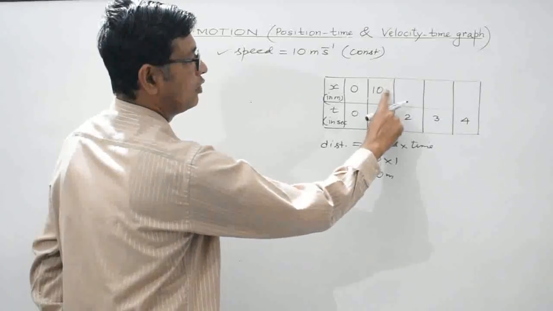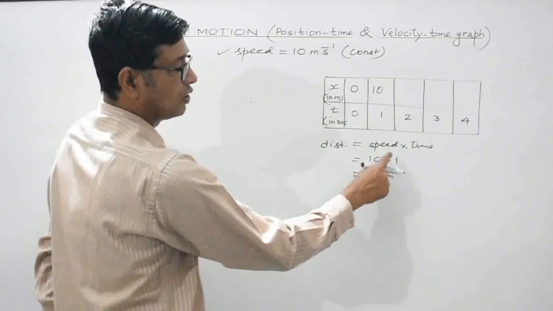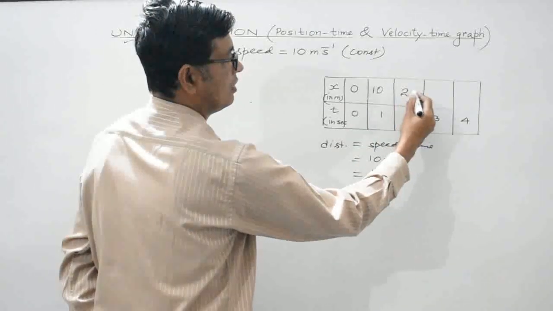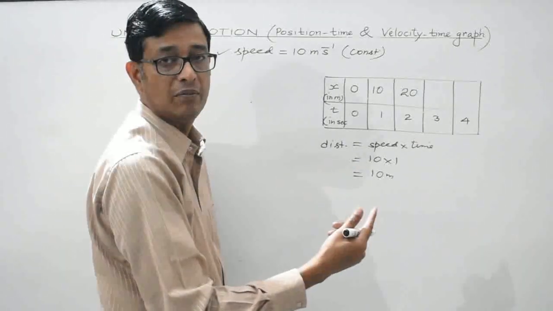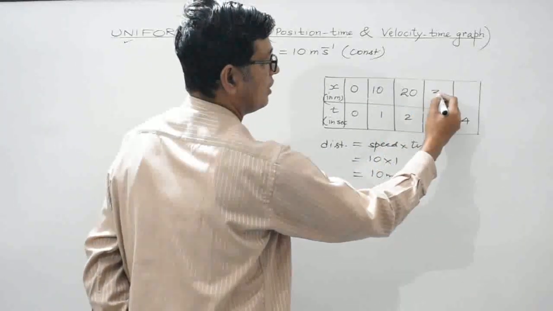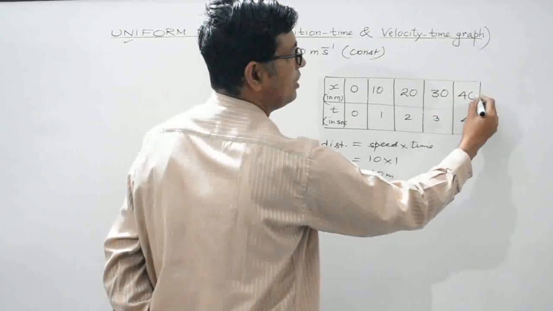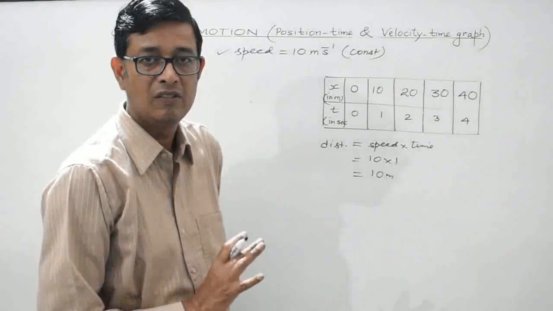You need not write the unit over here. It's already mentioned over here. After 2 seconds, what will be the distance covered? 10 into 2, that will be 20. After 3 seconds, distance covered would be speed into time, 10 multiplied by 3, that is 30. Similarly, after 4 seconds, it will cover a total distance of 40 meters from the origin. Have I made myself clear?